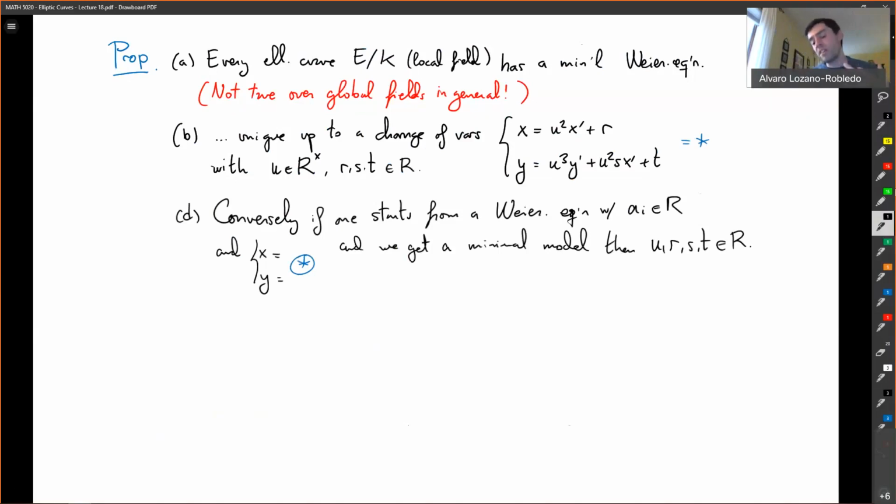Okay, so that's just something technical. It's just saying you cannot have some weird combination of non-integers that gives you a change of variables that goes from integers to integers.